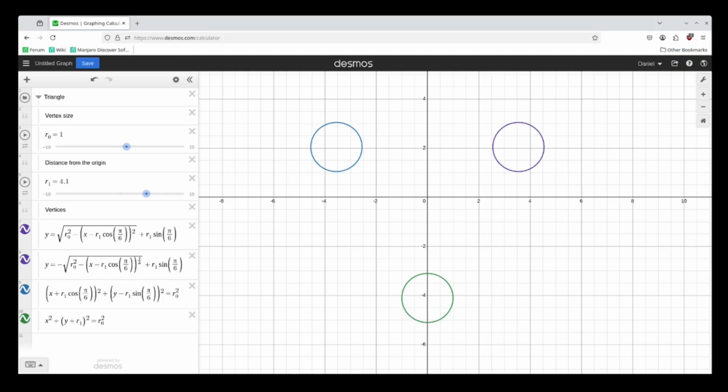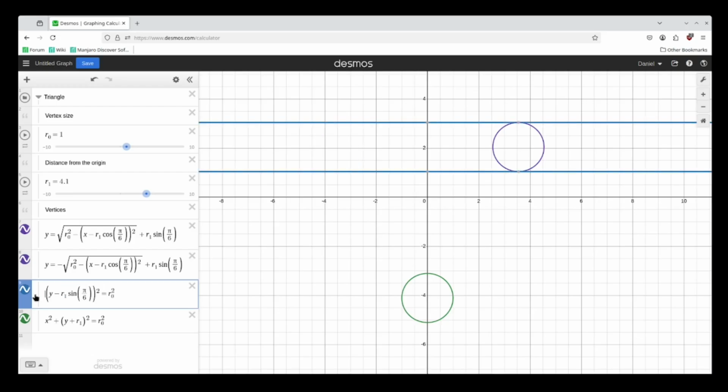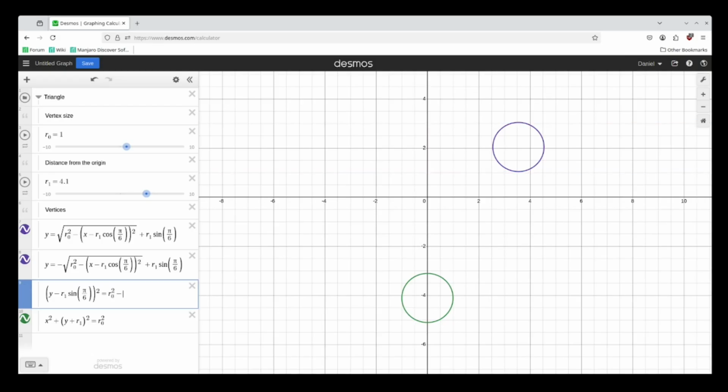Do the same process for this one here. Subtract the x term. Take the square root of both sides. And you add this value to the side.